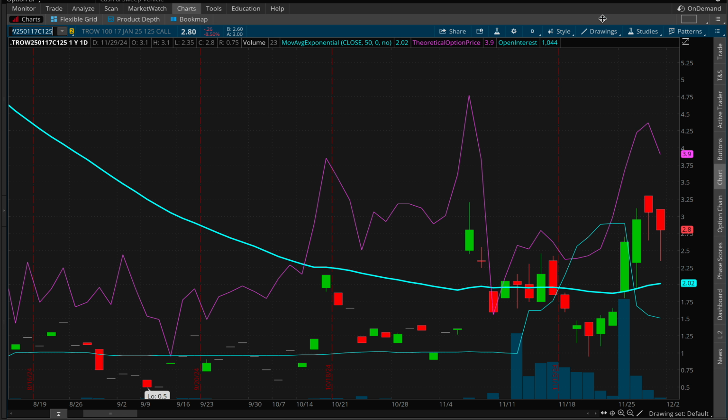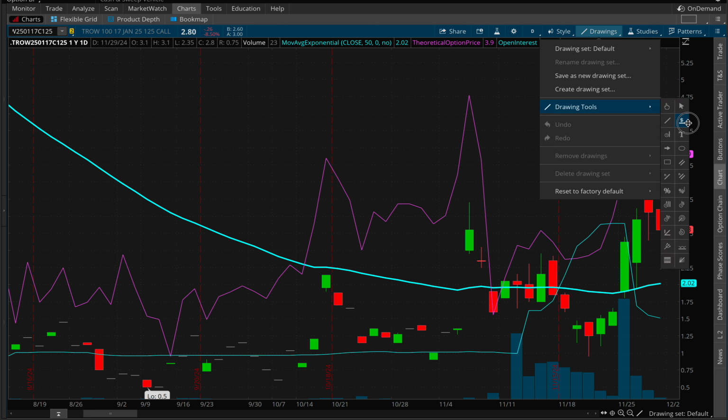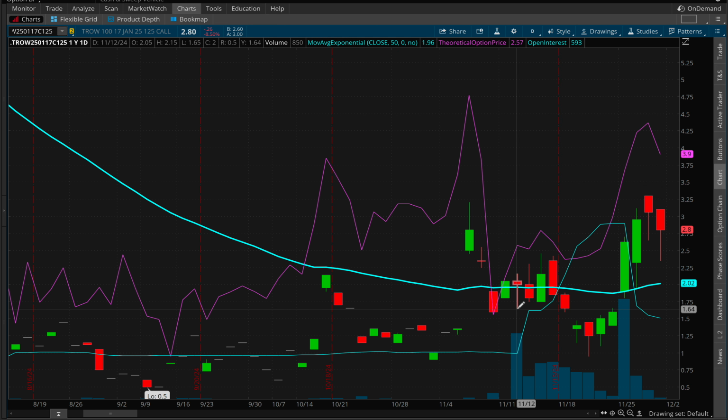Okay, so I'm gonna draw 165. Okay, so that's where we entered the trade. Okay, so 165 went as low as $1 potentially. So we would have lost as much as $65, right? Either realized or unrealized.